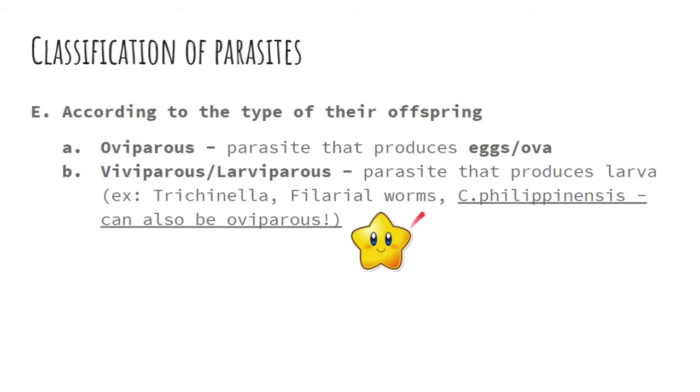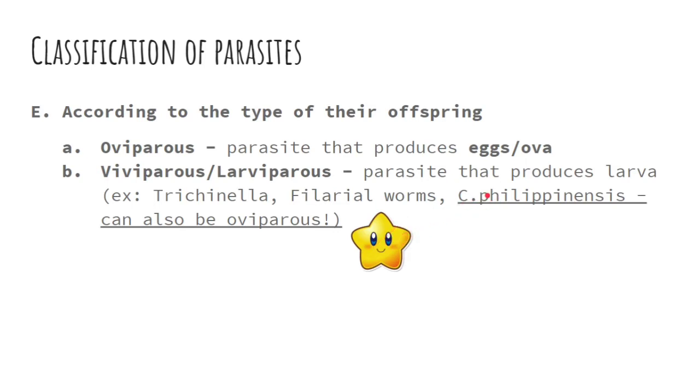Please do take note, there is a recall question po dito sa ating Capillaria philippinensis. The Capillaria philippinensis can also be oviparous. So aside from larviparous siya, si Capillaria, it is also oviparous. It can either lay or produce egg or larva na agad-agad. So please do take note of this.